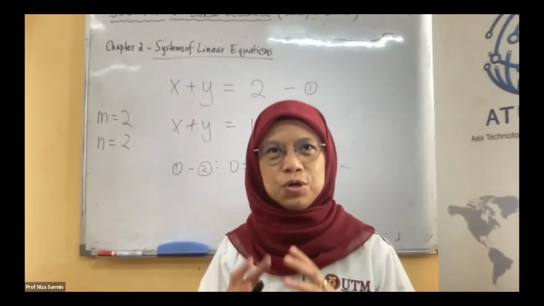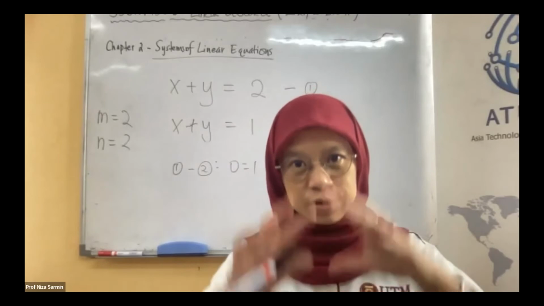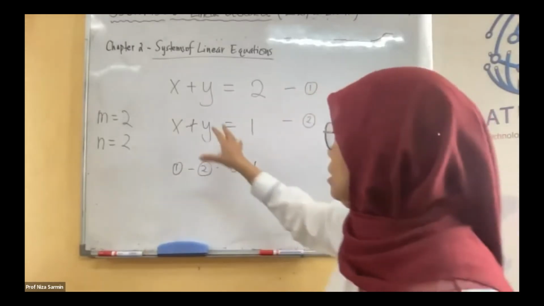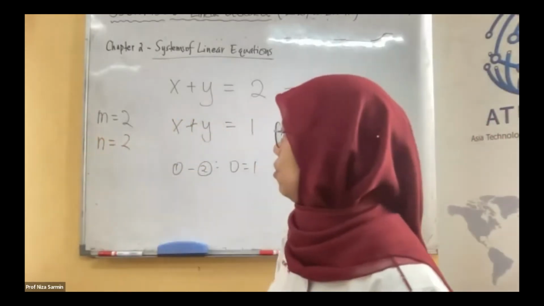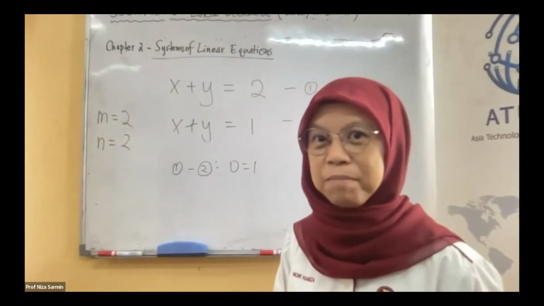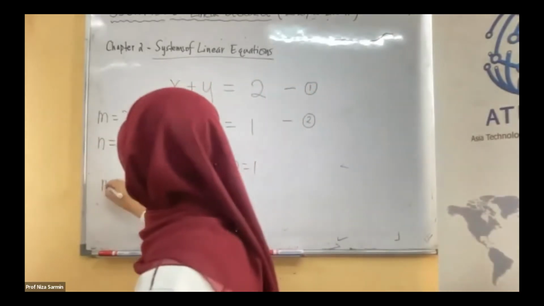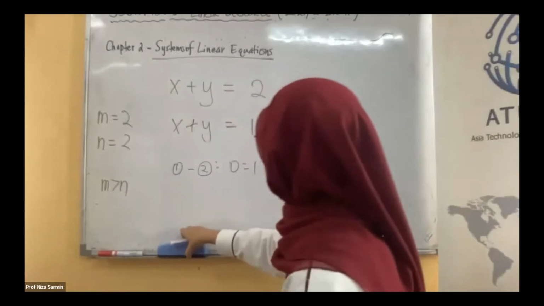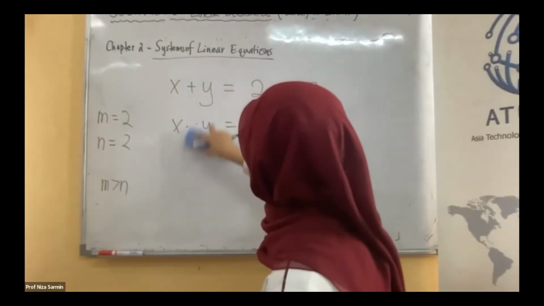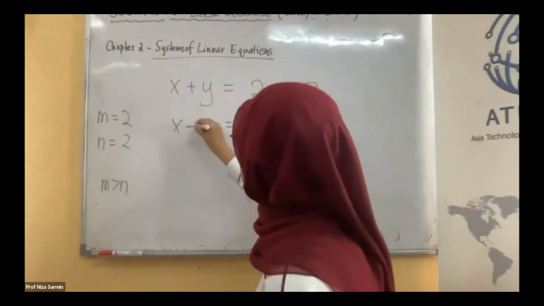Okay, so this is just the introduction, but I did not change yet for m bigger than n, so I just give one more. If I give like before, and I add another one.